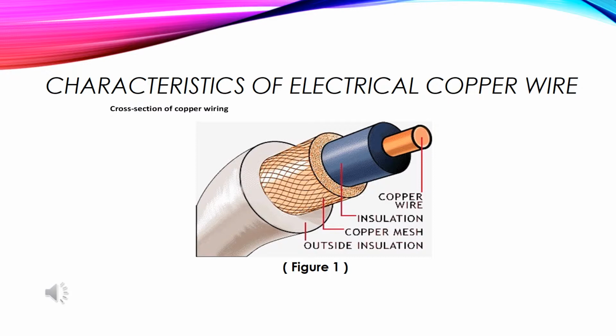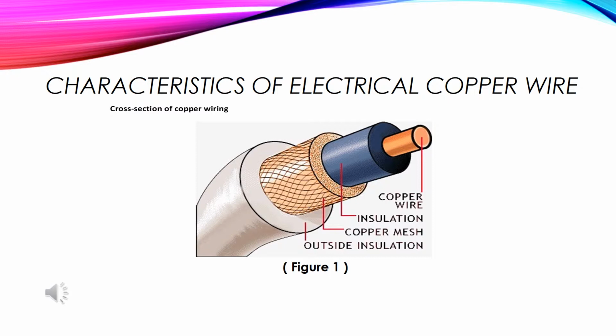A basic copper wire design consists of the internal copper wire, internal insulation, as well as the copper mesh and outside insulation. The purpose of the internal copper wire itself is to transfer electricity from the source to an appliance.